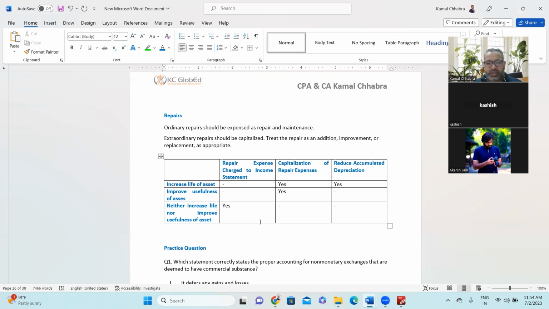The repair and maintenance expense which increases the life of the asset can be capitalized or can be used to reduce the accumulated depreciation, as the case may be. Second is the repair and maintenance expense which improves the usefulness of the asset.